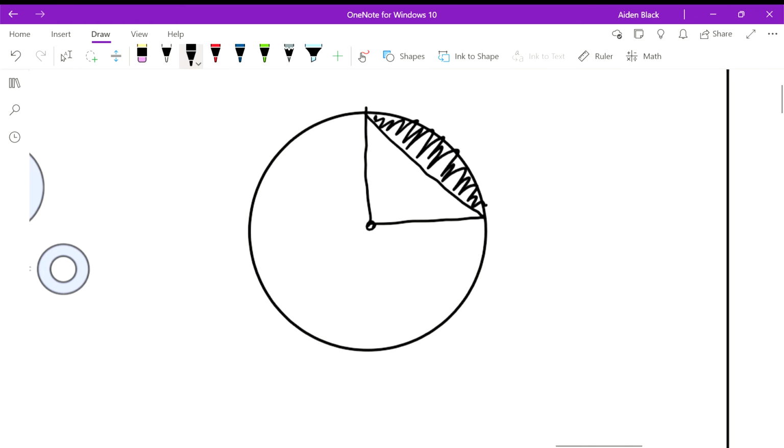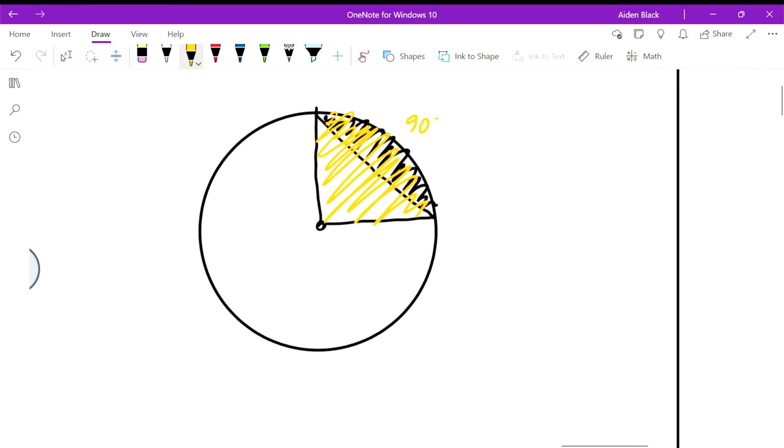Well, we'll do the same thing as we did for a sector, so find this area. If I told you this was 90 degrees, you would say, okay, so the area of that sector is 90 over 360 times, let's say the radius were 6, times pi 6 squared.